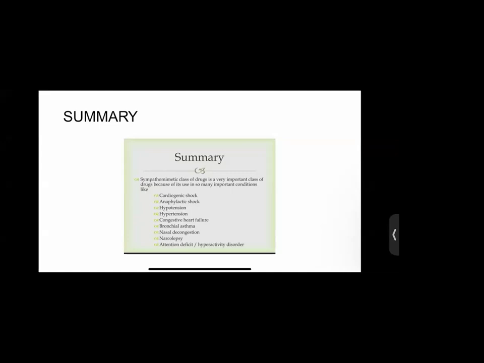Now the adrenergic receptor antagonists. These are drugs that bind to alpha or beta adrenergic receptors and prevent or block the responses produced by the catecholamines or the sympathomimetics.